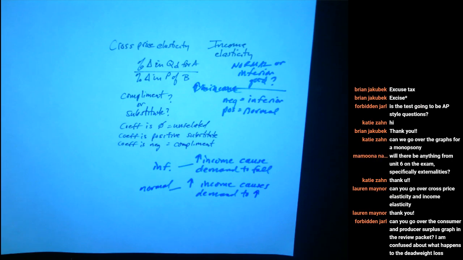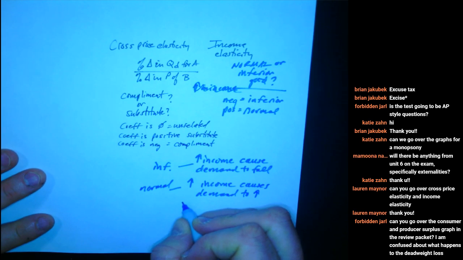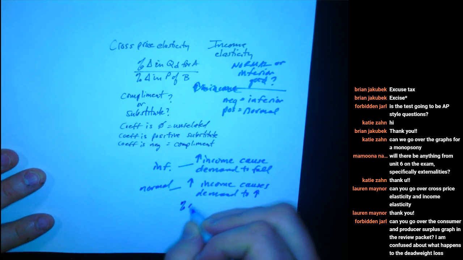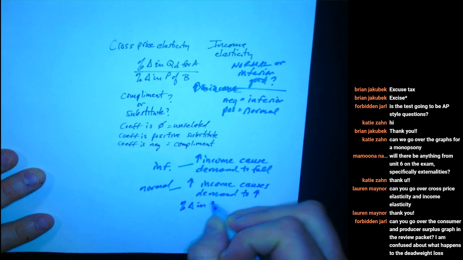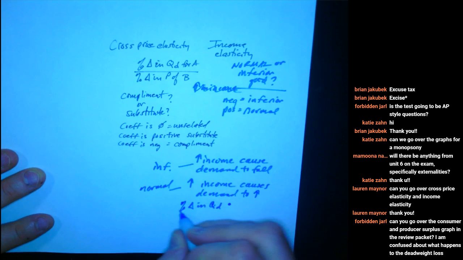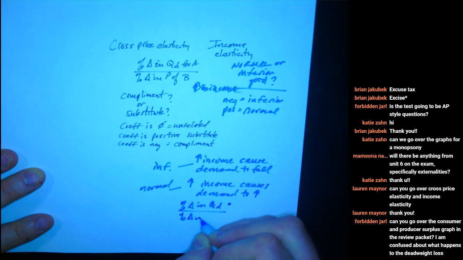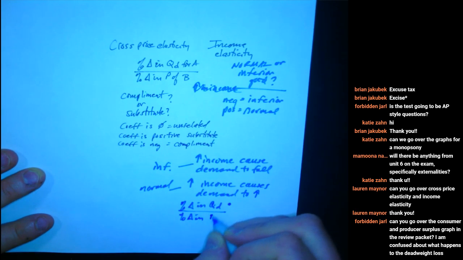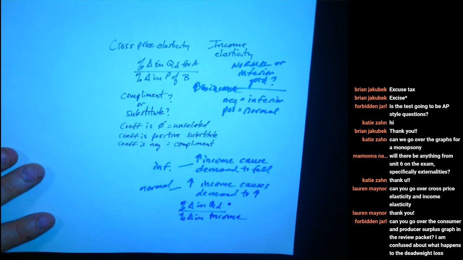So if you need that, it's the percentage change in quantity demanded divided by the percentage change in income. Okay?